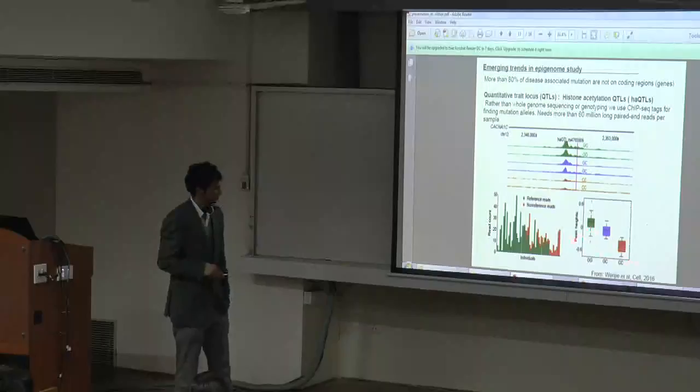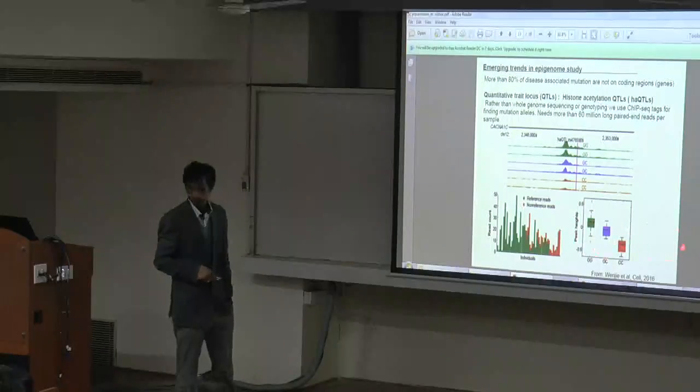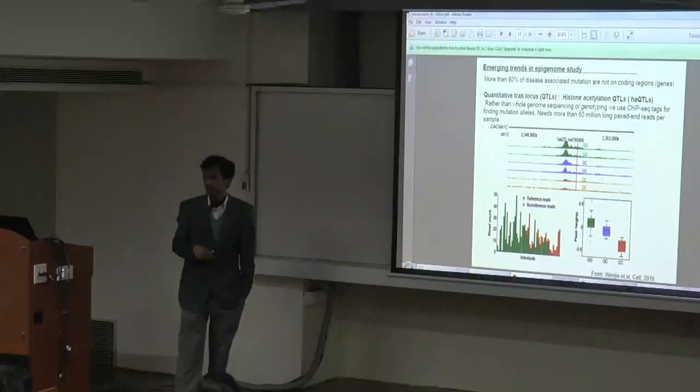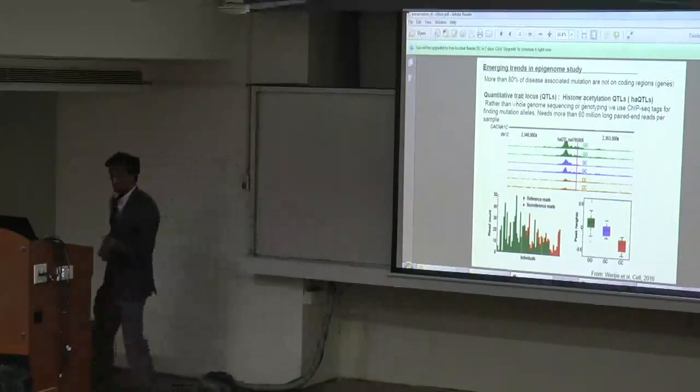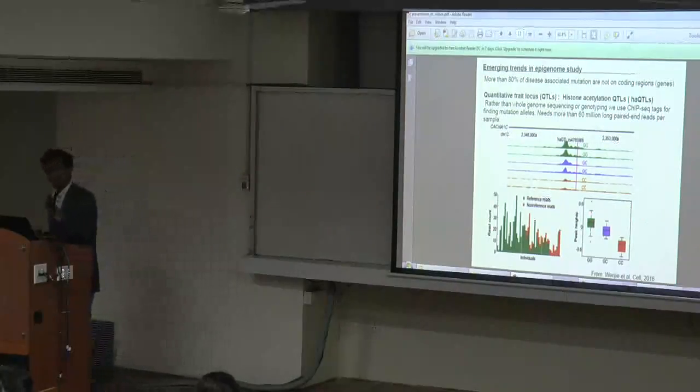You can see here that the peak height across more than 100 samples is correlated with the allele at this location. If at this genomic location we have CC, it has lower peak height. If we have GC, heterozygous, it is in the middle, and if we have GG, we have the highest amount of signal. So HAWAS studies are coming in the next few years.